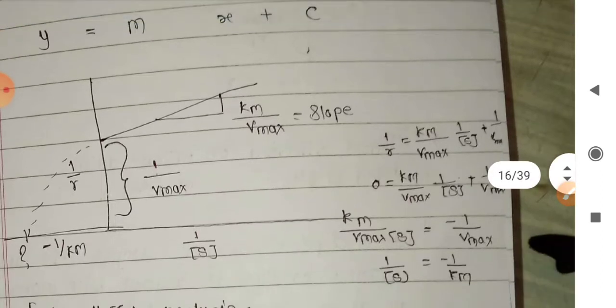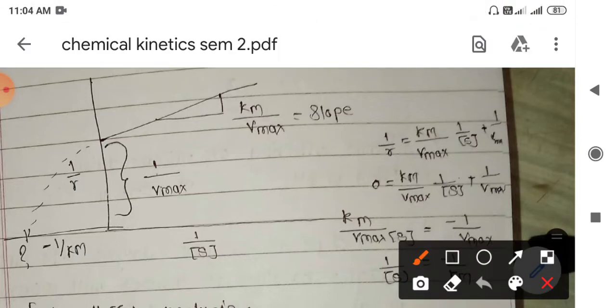There is also another method to find the Michaelis-Menten constant: by simply extrapolating this graph in the negative direction of the x-axis, you will get the value of the Michaelis-Menten constant. So this is one method.